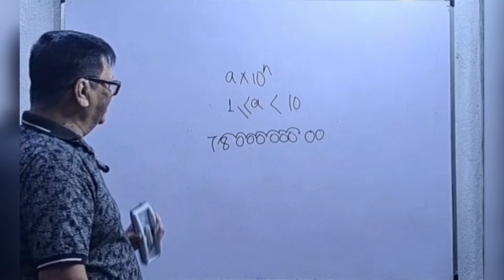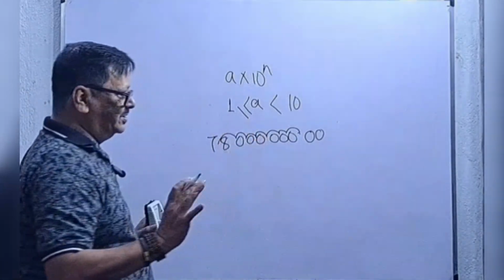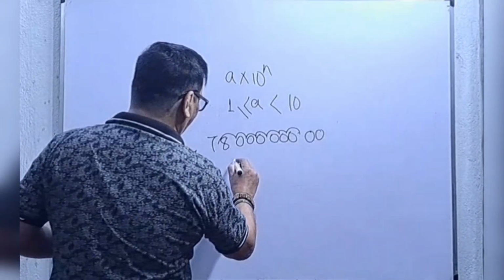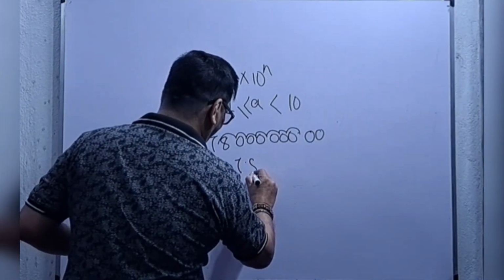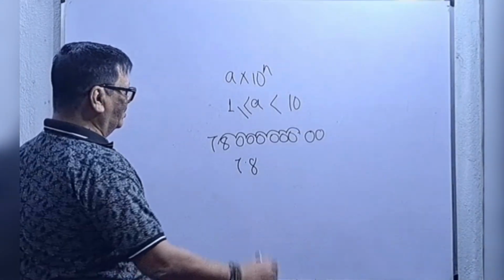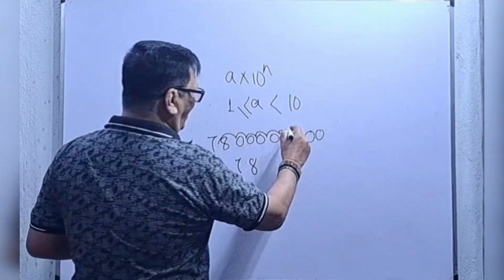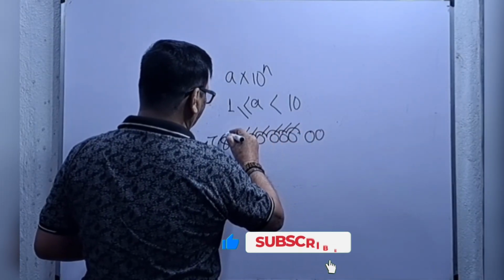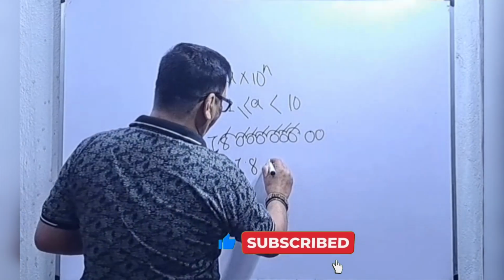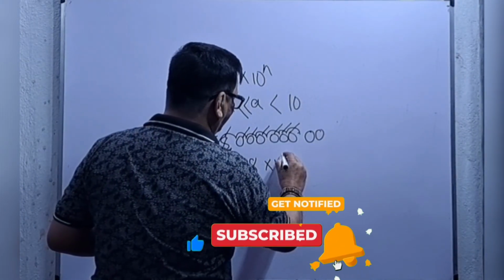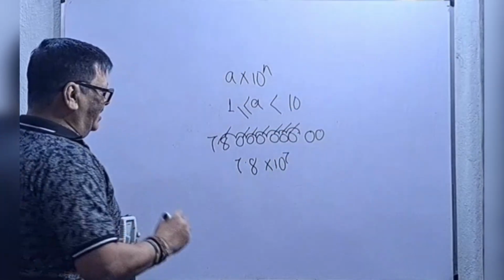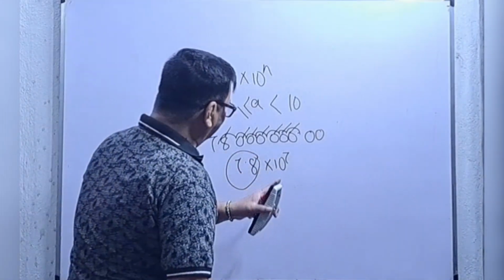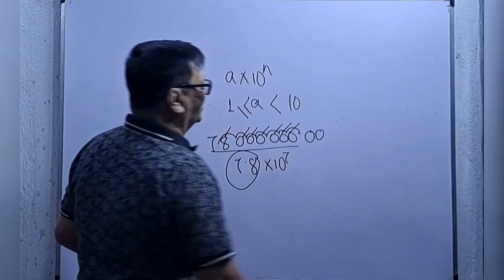Now, if I write it in standard form, the first digit, having only one significant digit, is 7, then decimal point, 8. So you have to bring the decimal point here. How many zeros? 1, 2, 3, 4, 5, 6, 7. So into 10 to the power of 7.